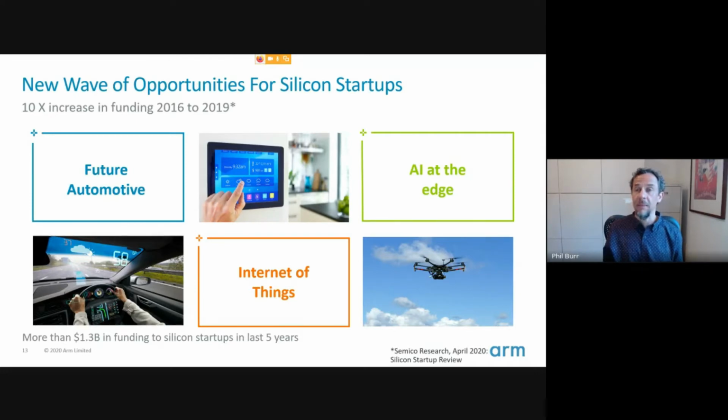And if you look at the amount of funding over the last 5 years, and that's excluding China, it is 1.3 billion in funding, and excluding some really big amounts of funding from that. So that shows a distribution from a very wide set of startups.